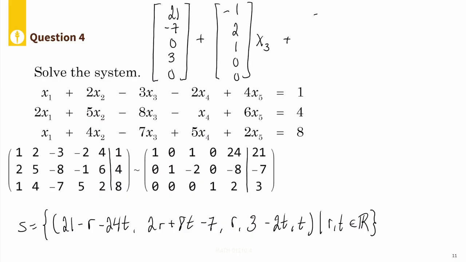Plus -24, 8, 0, -2, 1 times X5. So that first one is just the coefficients for the constants in your solution. Then the coefficients for your X3 or R. Coefficients for your X5 or T.